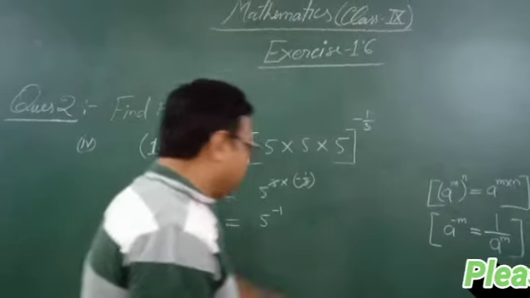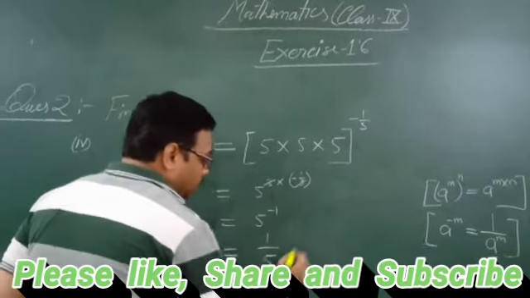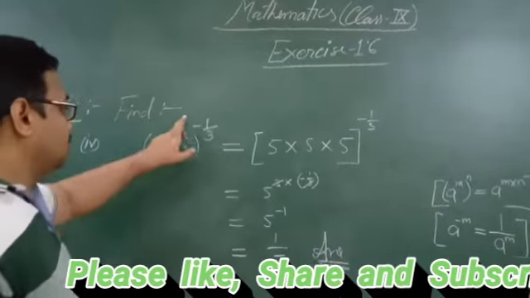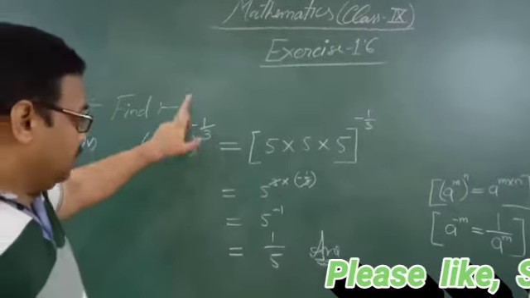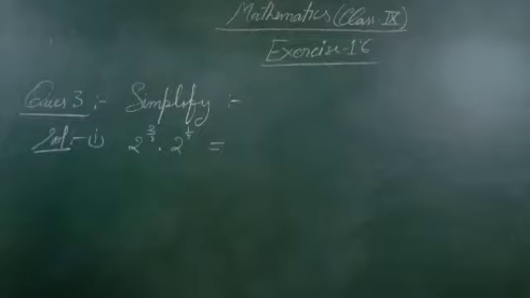So the same property we will apply here. It will become 1 upon 5. So where the negative sign is given, you will apply this identity, this law of exponent.